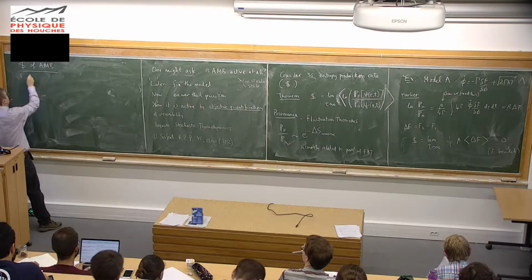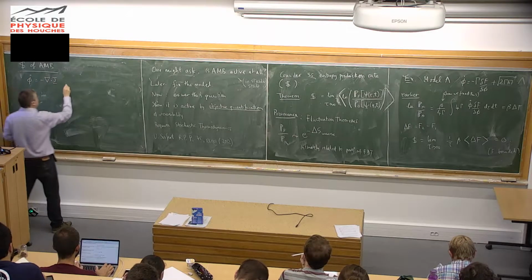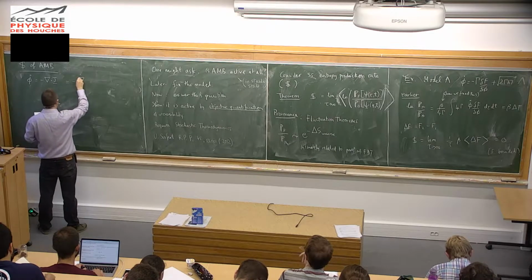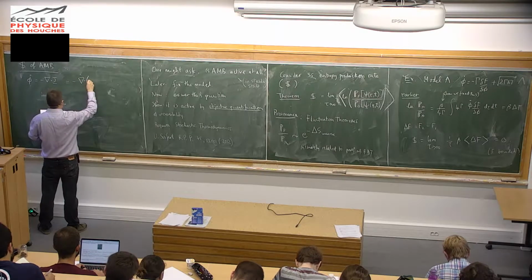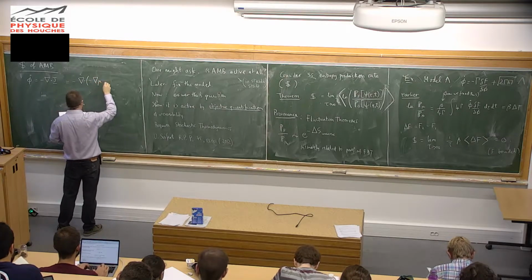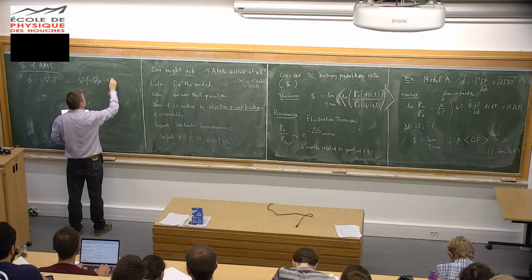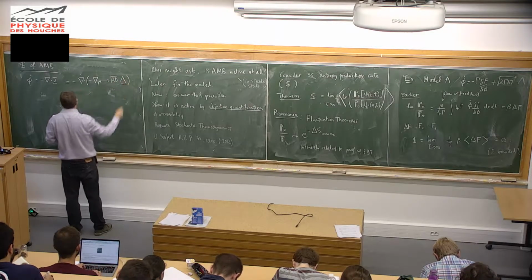Here's active model B: phi dot is minus div j, and that's minus grad mu, plus the noise. So I'm going to write this again with mu here, bearing in mind that mu has two bits, and here's the noise. So that's unit white noise again.